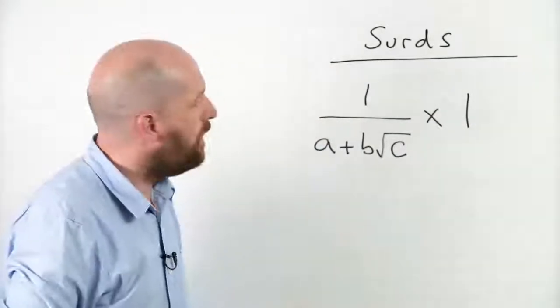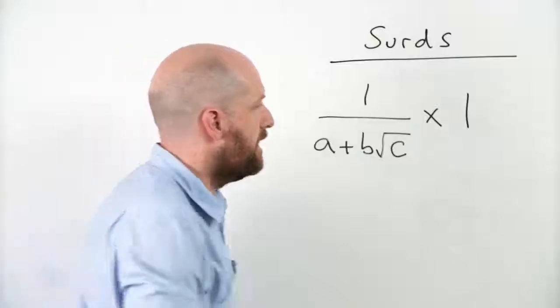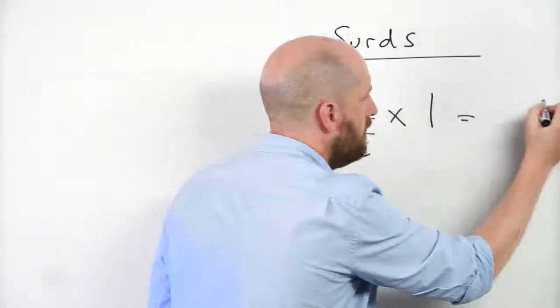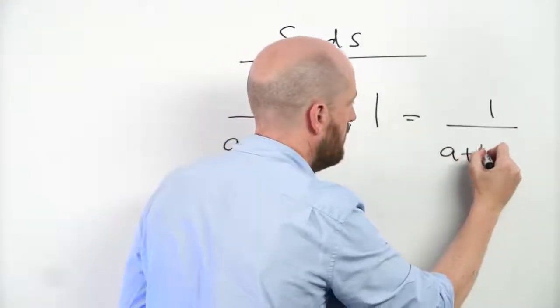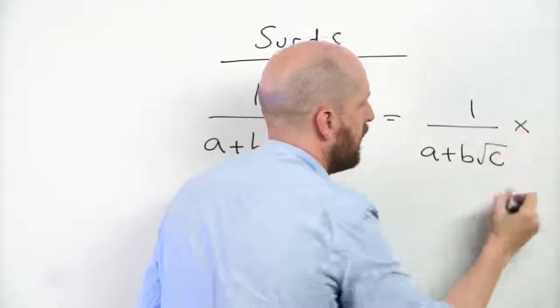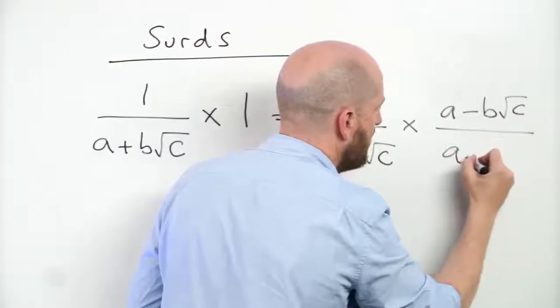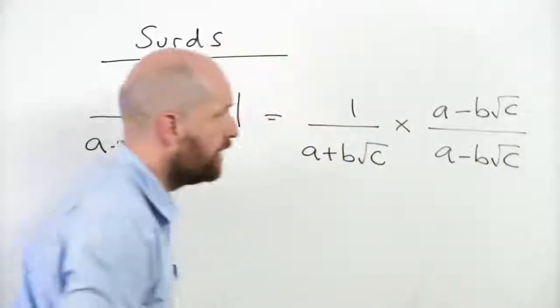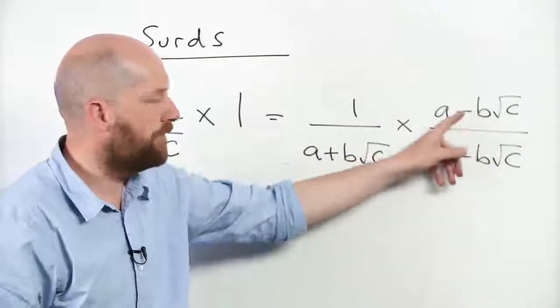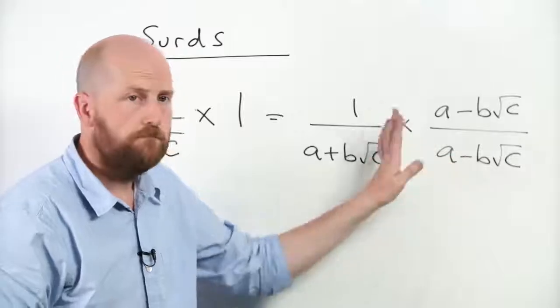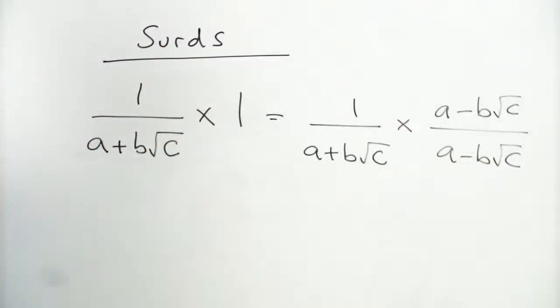Well, not quite 1. We multiply by a particularly important version of 1. We multiply by this number, a minus b root c over a minus b root c. That certainly is 1, same expression on the numerator and the denominator, but because of some quite nice little property, now it will simplify our expression.